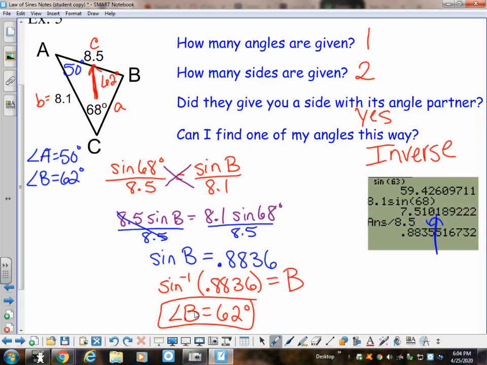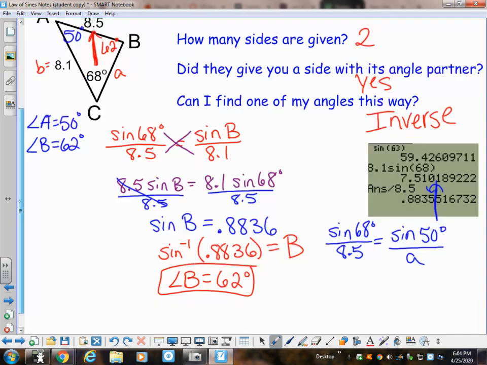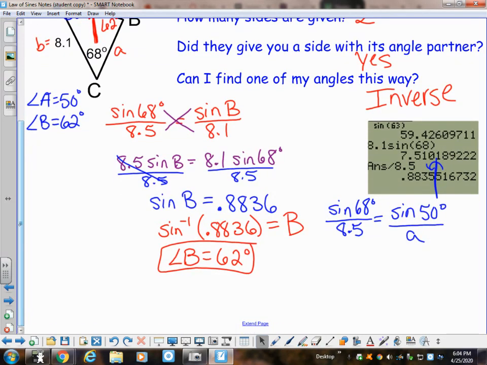So I'm going to use the pairing that we have, which was the sine of 68 over 8.5. And now I want to find little a. So sine of 50 degrees over little a. Okay, I'm going to use my little shortcut here.